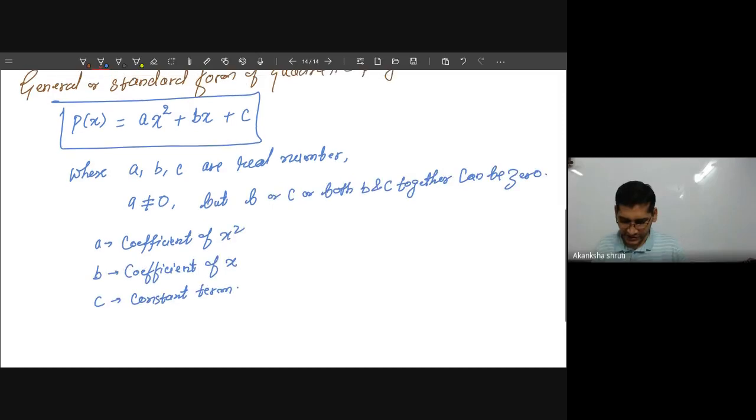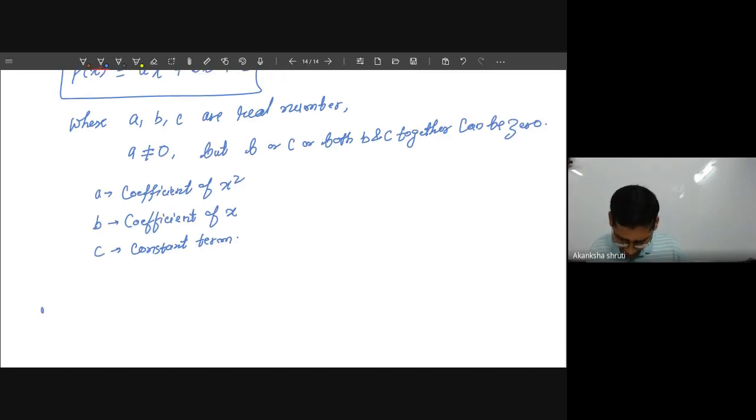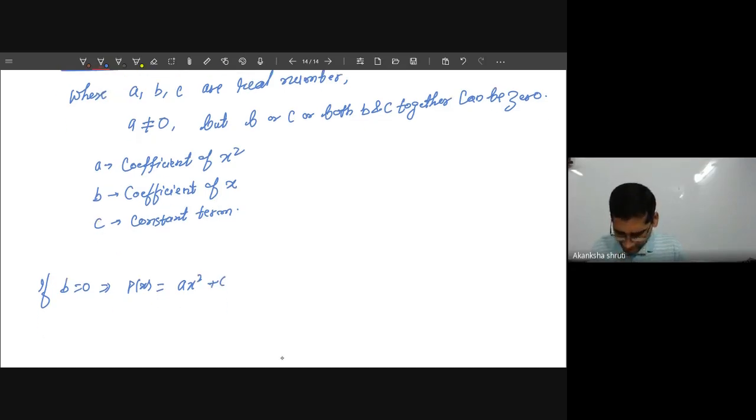So this is important. While we talk about the quadratic polynomial, it means we consider some polynomial like this. It may be possible that b could be 0 or c could be 0. If b is 0, the polynomial will have ax square plus c. If c is 0, then the polynomial will be ax square plus bx.